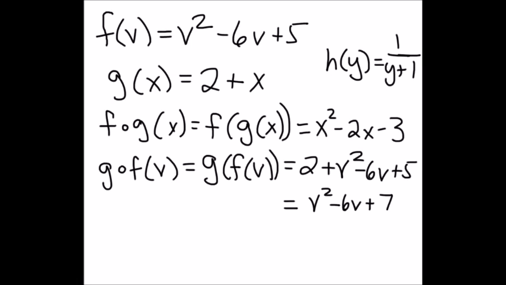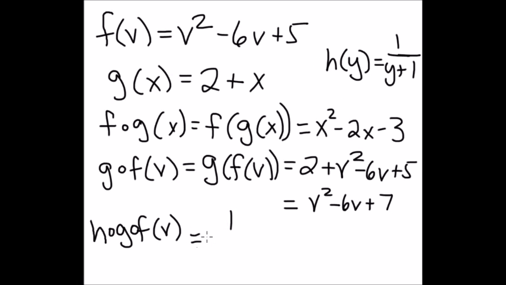So now let's add another function. H of y is equal to 1 over y plus 1. And we can do a composite of several functions in a row. We would have, say, h composite g composite f of v. And we're going to take the composite g of f of v and put it into the function h of y.